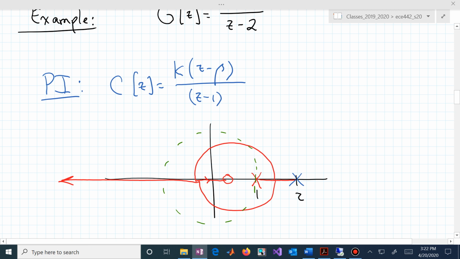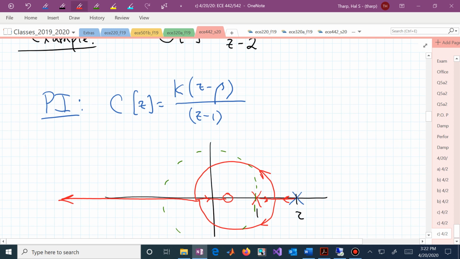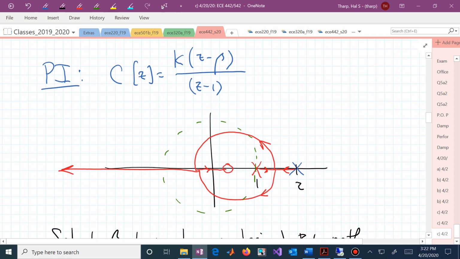So I've drawn this to where the left side needs to be a little bit further to the left, but we have two branches. They start at 1 and at 2. They approach each other, and then if we crank up the gain enough, we can stabilize this system so that we would have closed loop poles at many different possibilities that might still be stable.